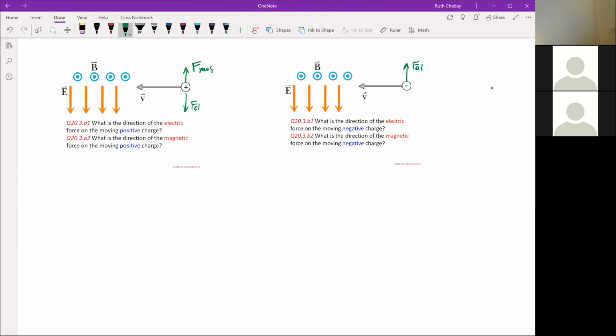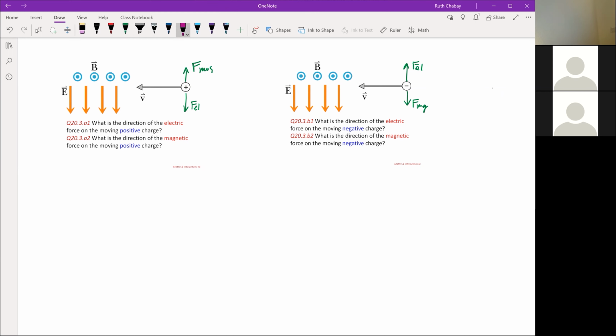The direction of the magnetic force is going to be, well, V cross B is up, but now we have to multiply by a negative number, so the magnetic force is down. So both forces reverse their directions, and the sum again will depend on the magnitudes of these two forces.